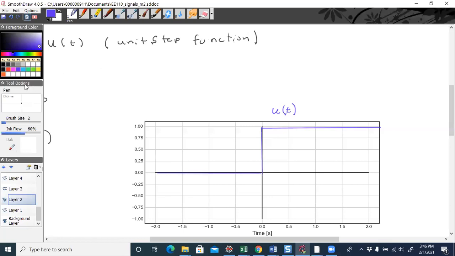So let's do another one. So it's scaled by 0.25. It's a step function.